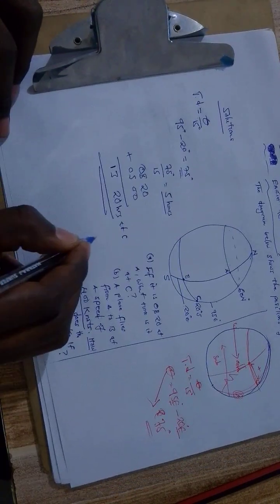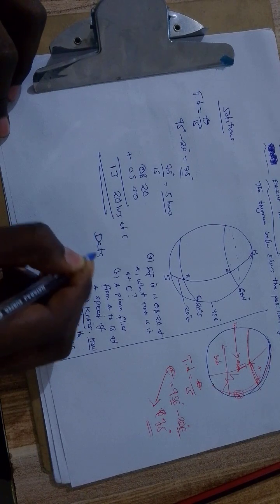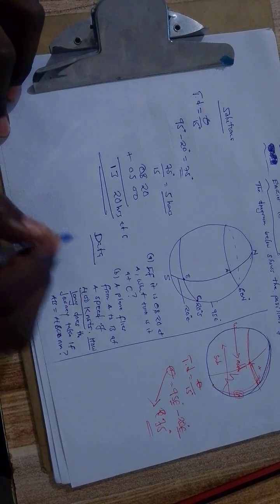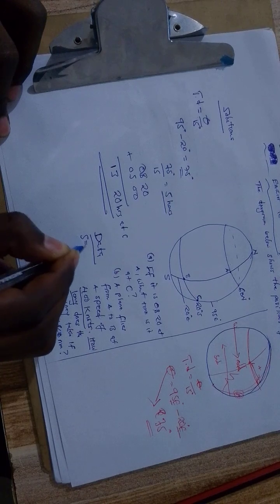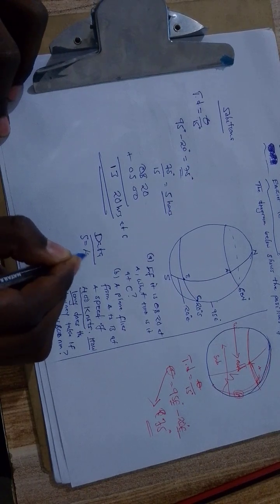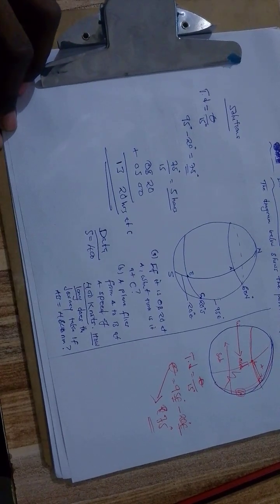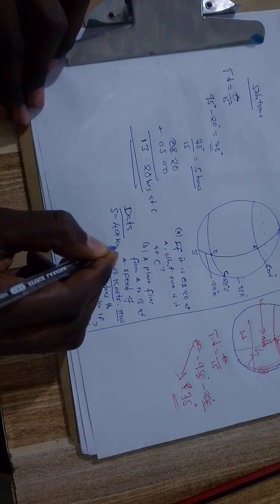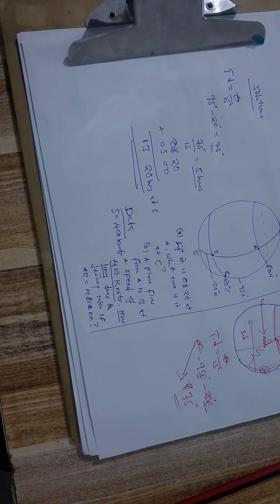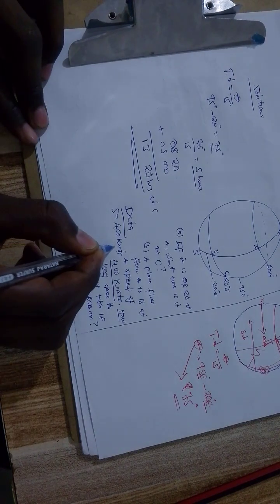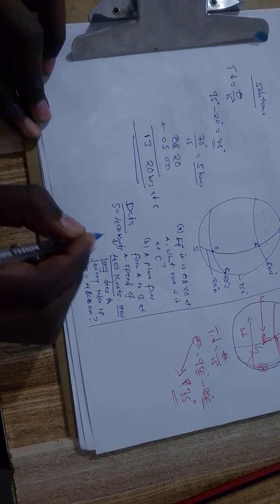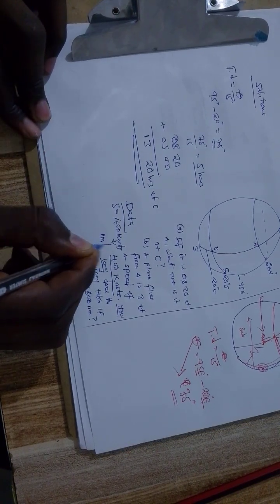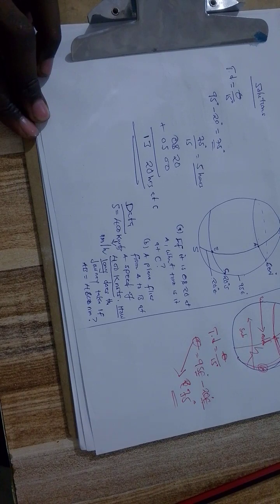So speed is equivalent to 400 knots. Remember, under Earth geometry, the unit for speed is knots, which is nautical miles per hour.